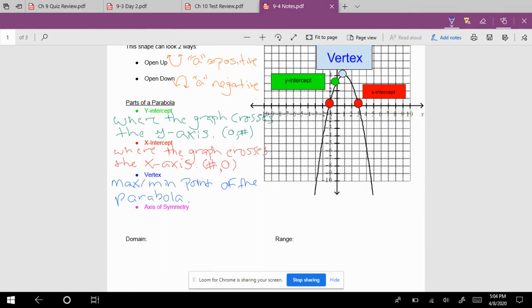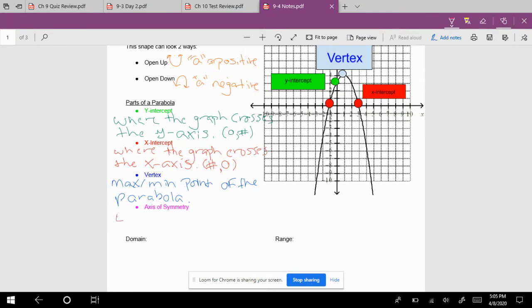All right, last one on here is called an axis of symmetry. If you think about what it means to be symmetric, symmetry is a line that cuts an image in half, and it's the exact same thing on both sides. With the parabola, we are able to cut it in half as well.